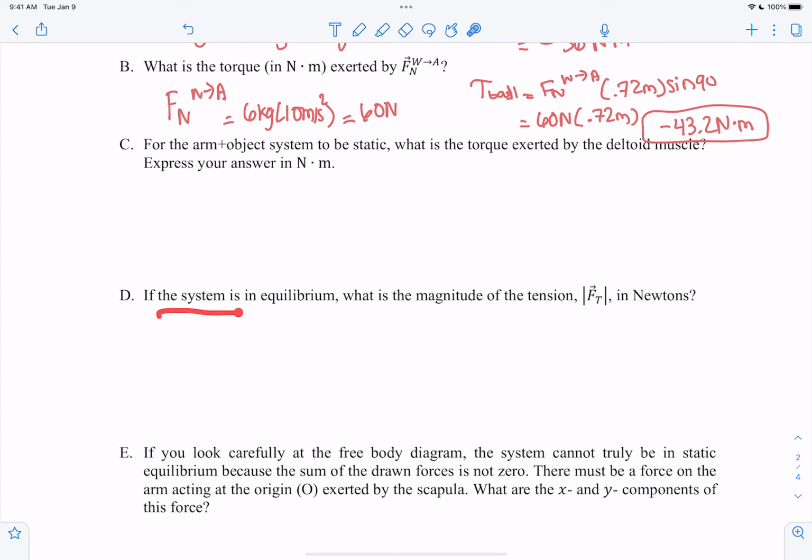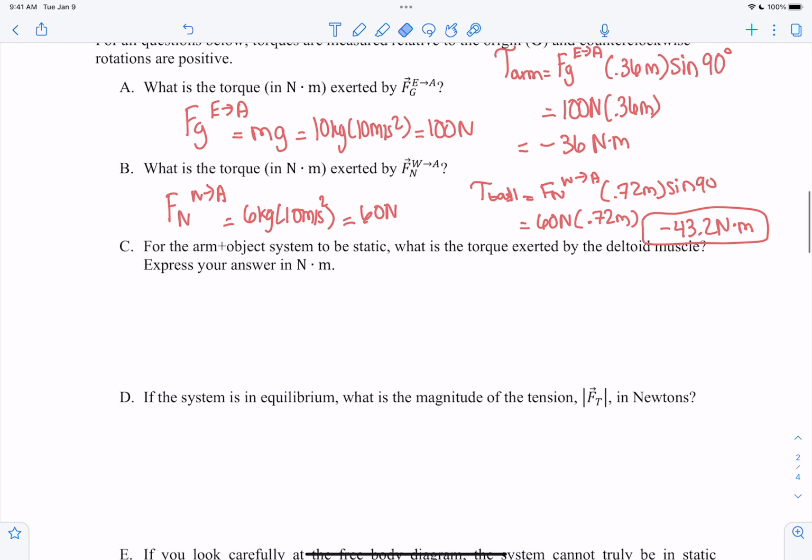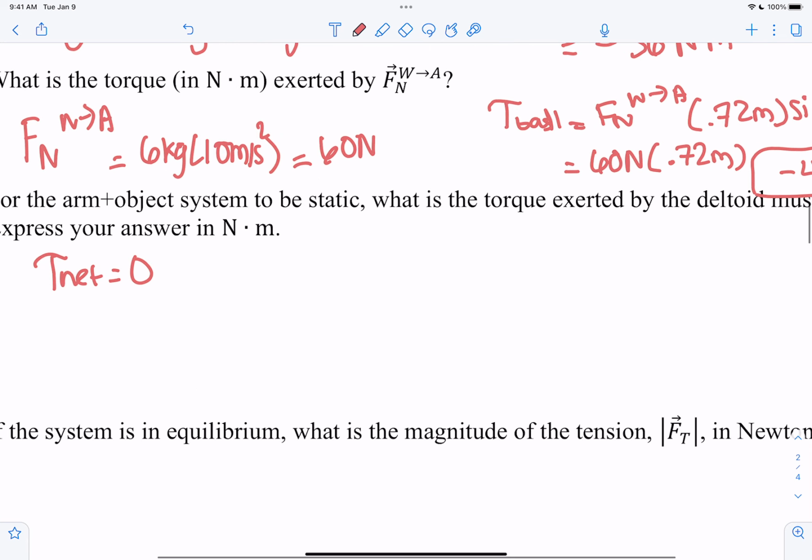So it says if the system is in equilibrium, what is the magnitude of the tension force as well? Right, so we're going to figure that out here in a sec. But with regards to just the torque having to cancel out and become 0, well, we know that T net is equal to 0 because that's a net torque of 0. That's when it's completely static, right? 0 torque is applied.